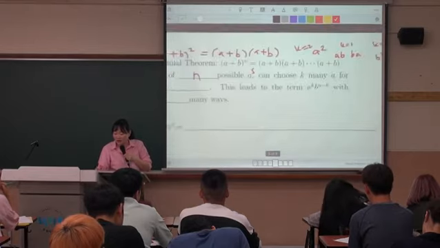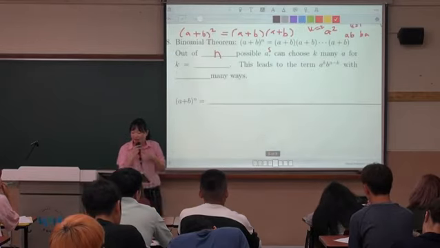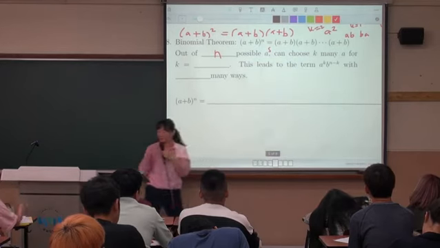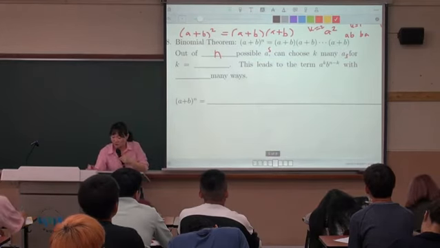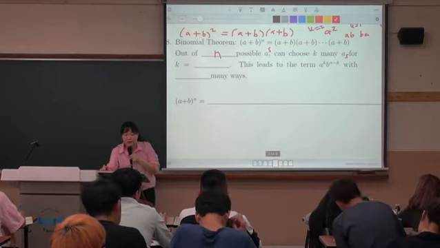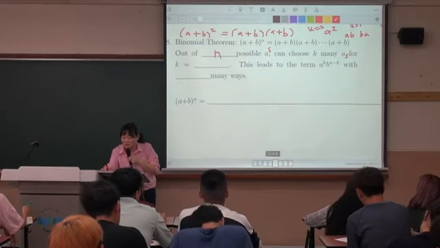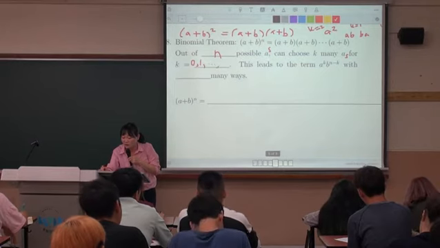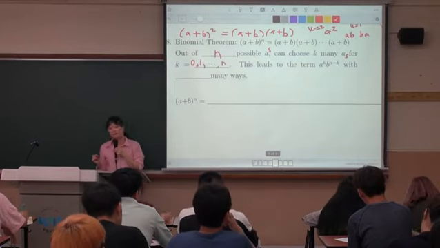So out of n possible A's, we can choose K many A's. We can choose K many A's for K what? 0, 1, up to n, right?